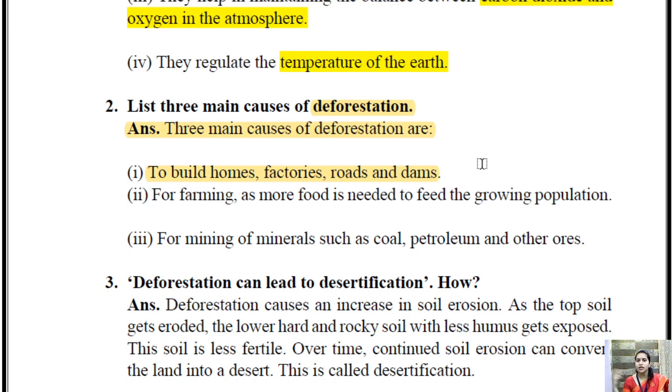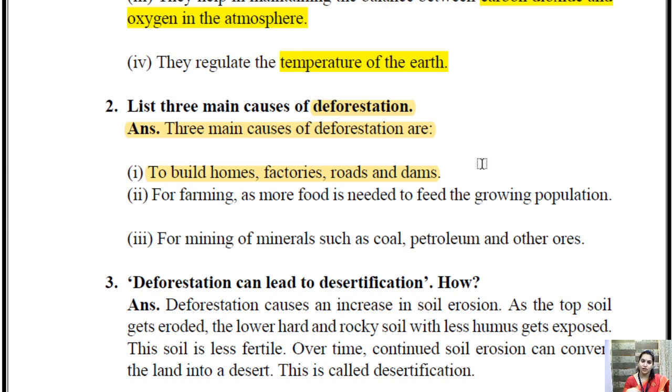The outer area of Banaras, we know that it is highly covered with trees and everything. So again, to construct a factory or an industry, they need to clear the land first. So they are clearing the land, cutting the trees and building the factories and industries. Same goes with roads and dams.